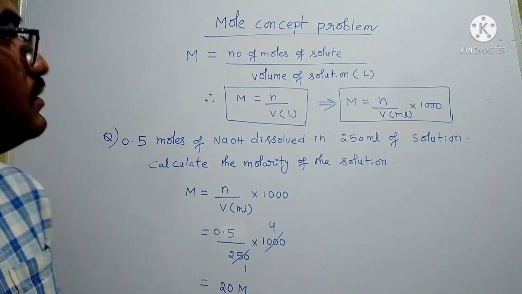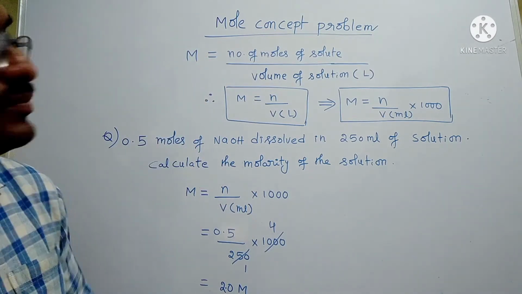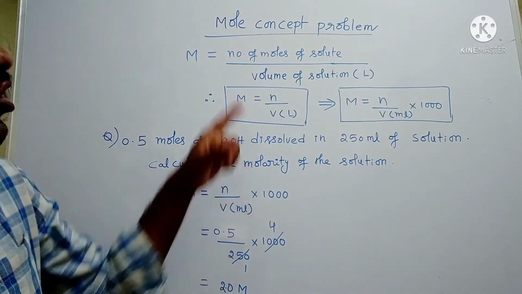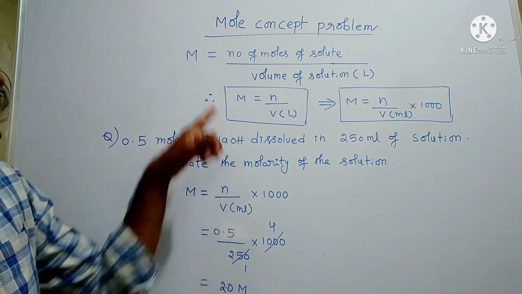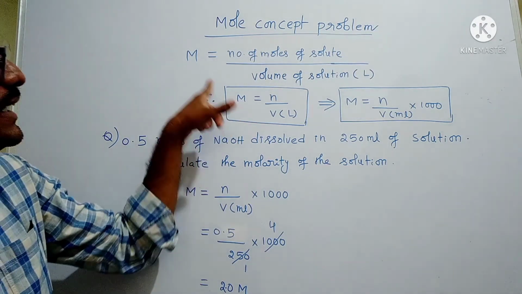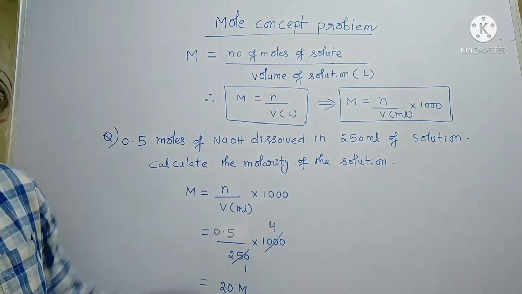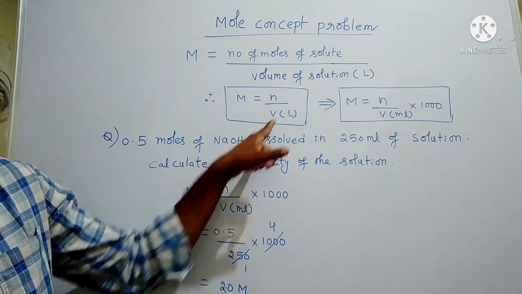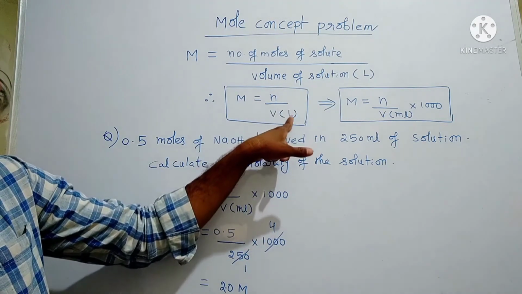The next formula is molarity, which is the number of moles of solute present in 1 liter of solution. Therefore molarity, capital M, is equal to number of moles, indicated with small n, by volume of solution, indicated with V. Volume of solution is in liters, that's why I wrote liter in brackets.